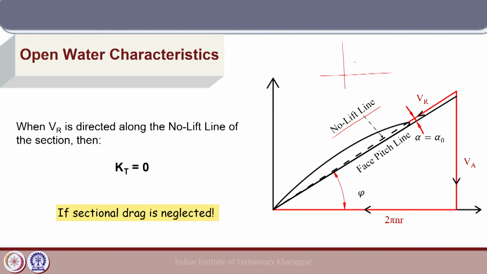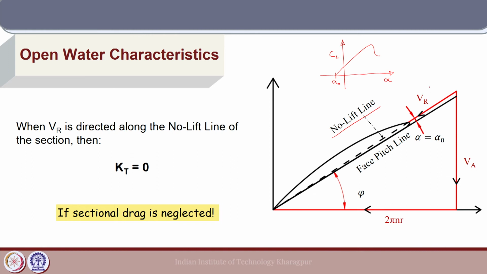So, again if I draw the lift coefficient versus angle of attack for the blade section here, this is the value of alpha 0, which is the negative angle of attack or the no lift angle of attack, where the lift generated by the section is 0.